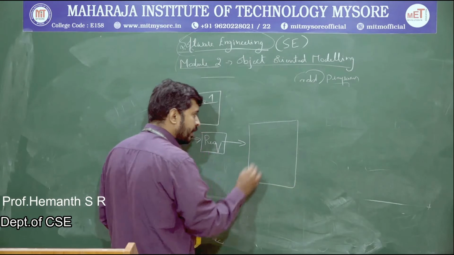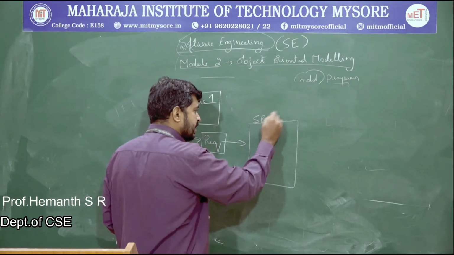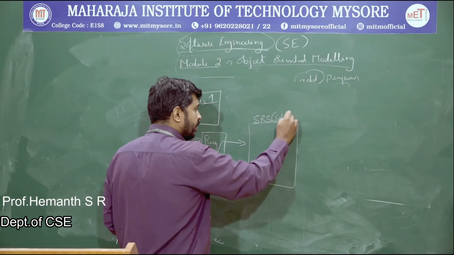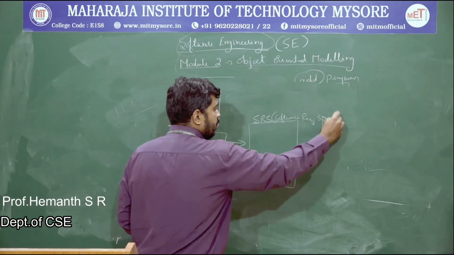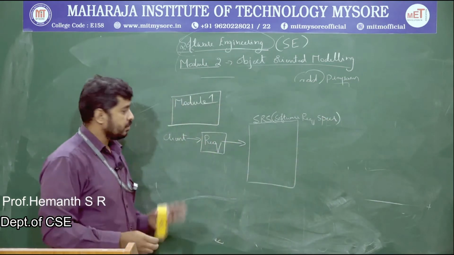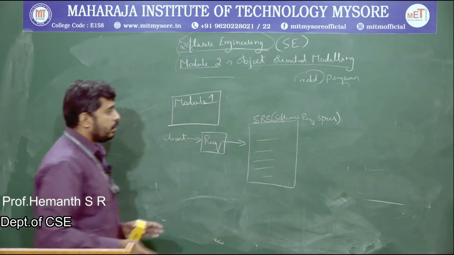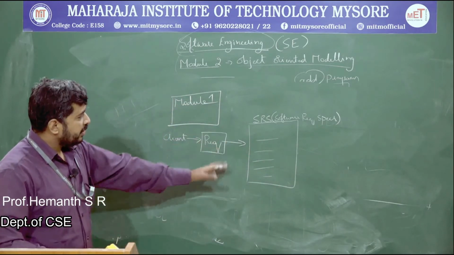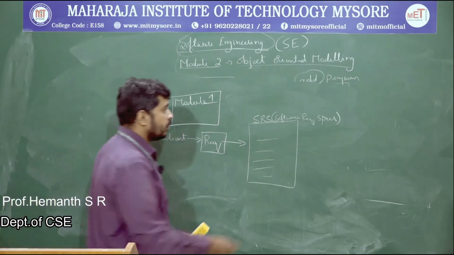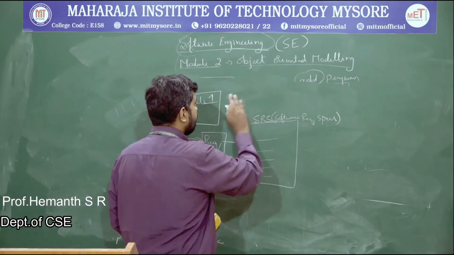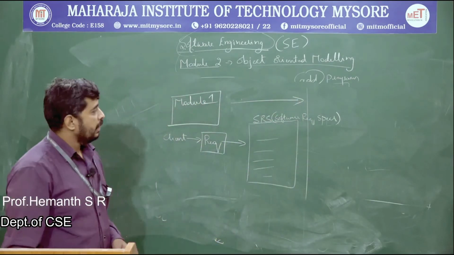You need to document the requirements in a systematic fashion, which is also called SRS, software requirement specification. This is a detailed documentation of the client's requirements. This is where we had stopped in module 1. This is the stopping point of module 1.